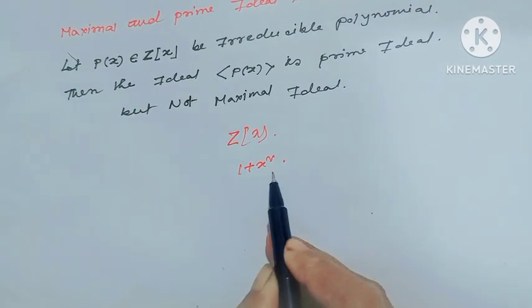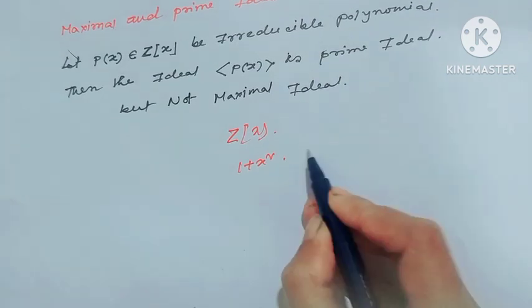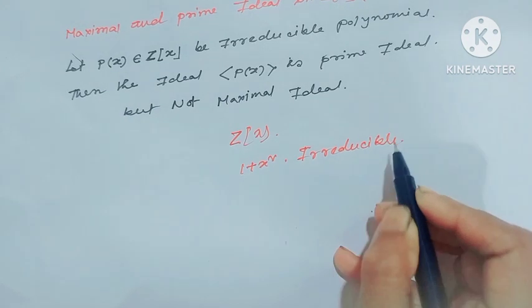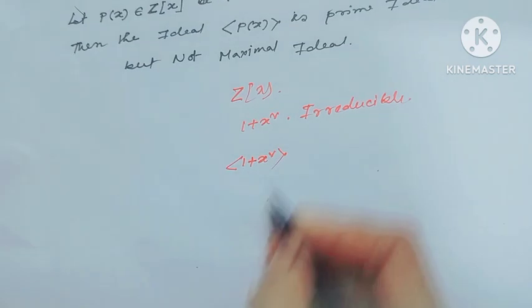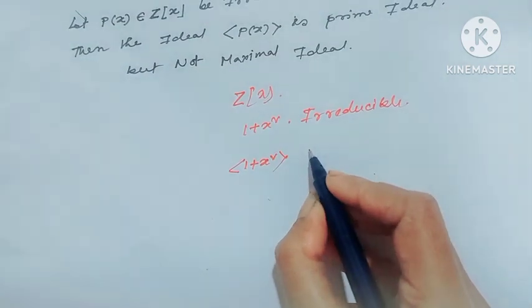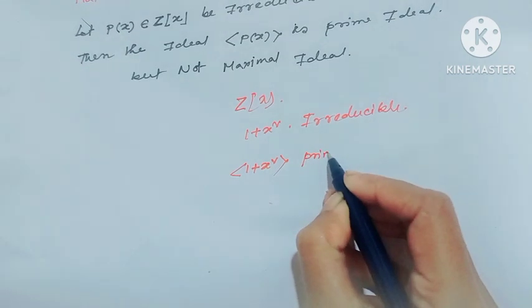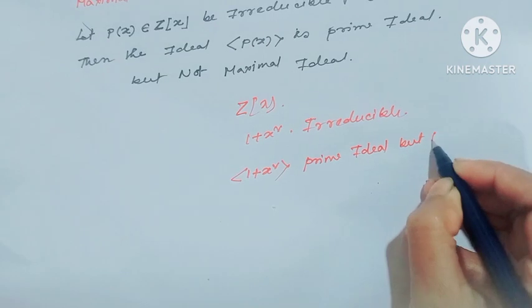Obviously all of us know in Z[x] the polynomial 1 plus x square is irreducible. Then the ideal generated by 1 plus x square in Z[x], since this is irreducible, is a prime ideal but not a maximal ideal.